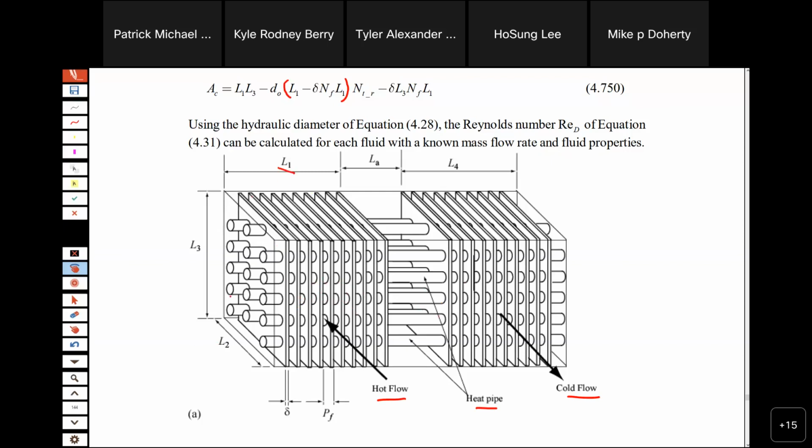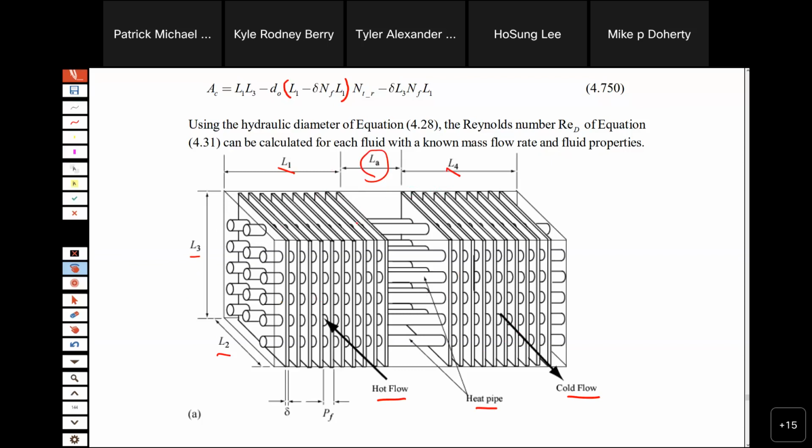L1, L2, L3. The L2 and L3 are the same for cold because of gas. L4 may be the same or different from L1, the lengths, anyhow, even. And then adiabatic lengths, okay?